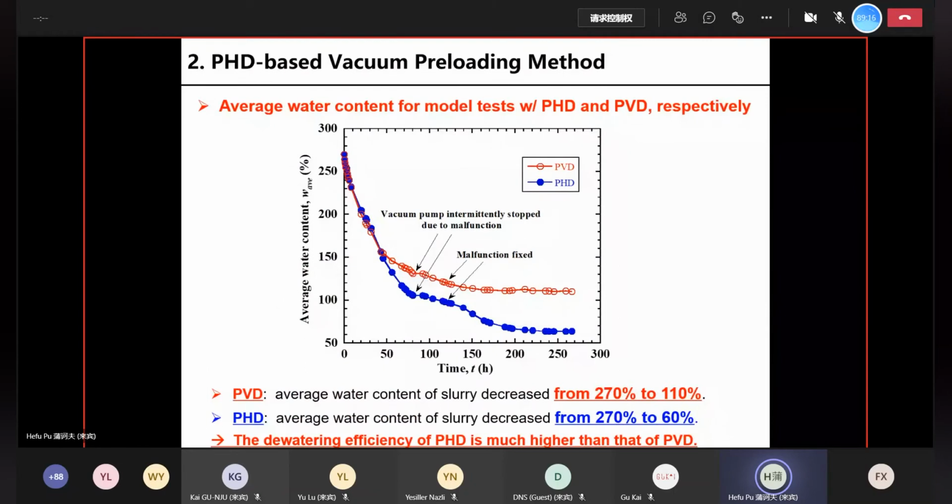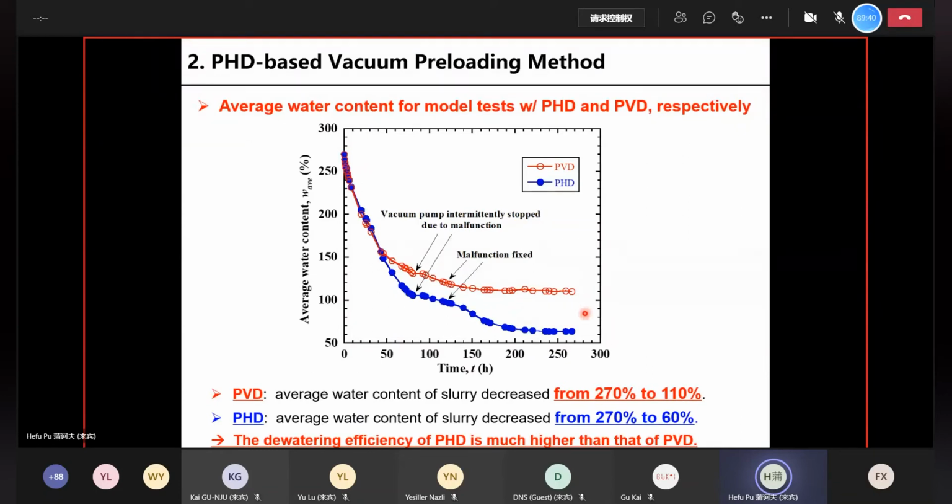We'll also look at the average water content for the model tests with PhD and with PVD respectively. We can see that for the PVD, which is the red curve, the average water content of the slurry decreased from initially 270% to eventually 110%.